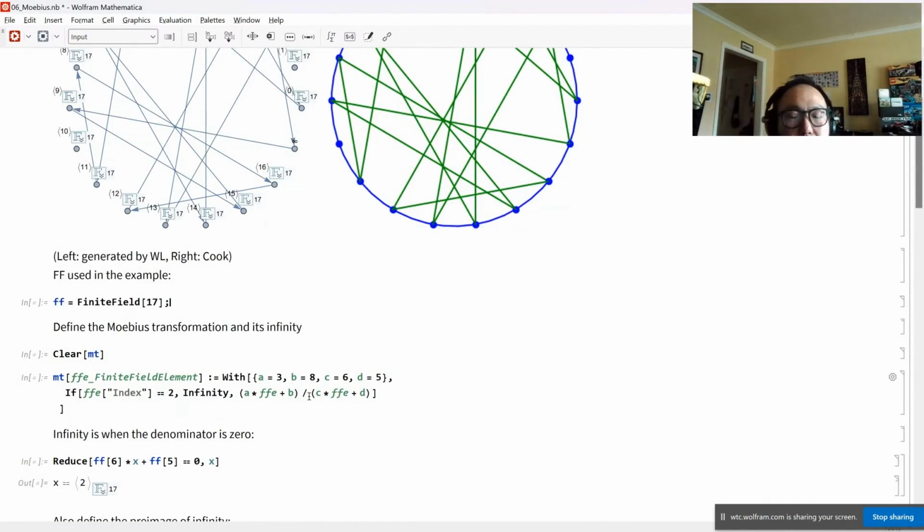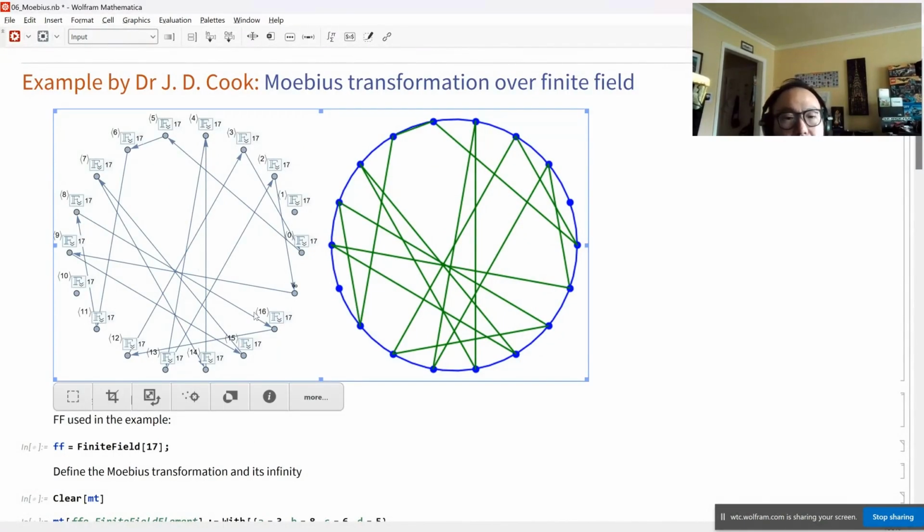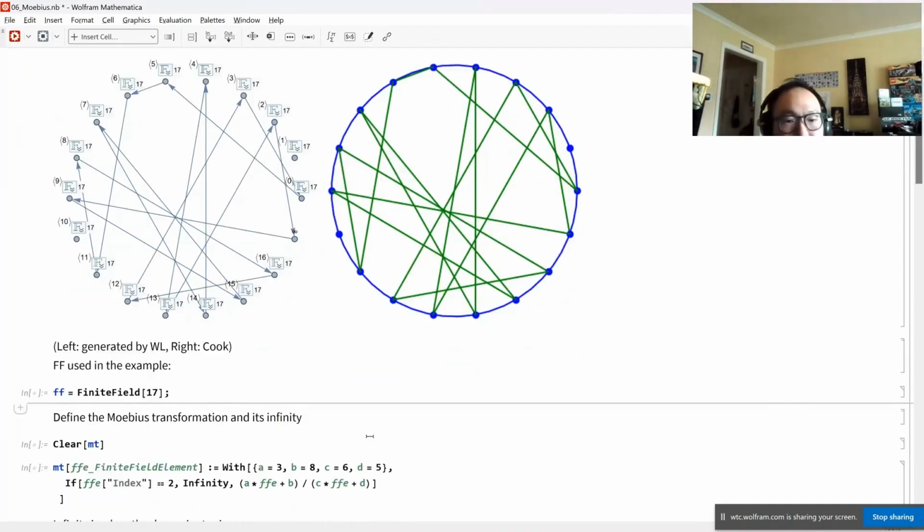That Möbius transformation is just (az + b)/(cz + d), and the z is replaced with a finite field element. If you do the computation, you'll find there's obviously no rule in this kind of permutation, and that's why it's good for cryptography.